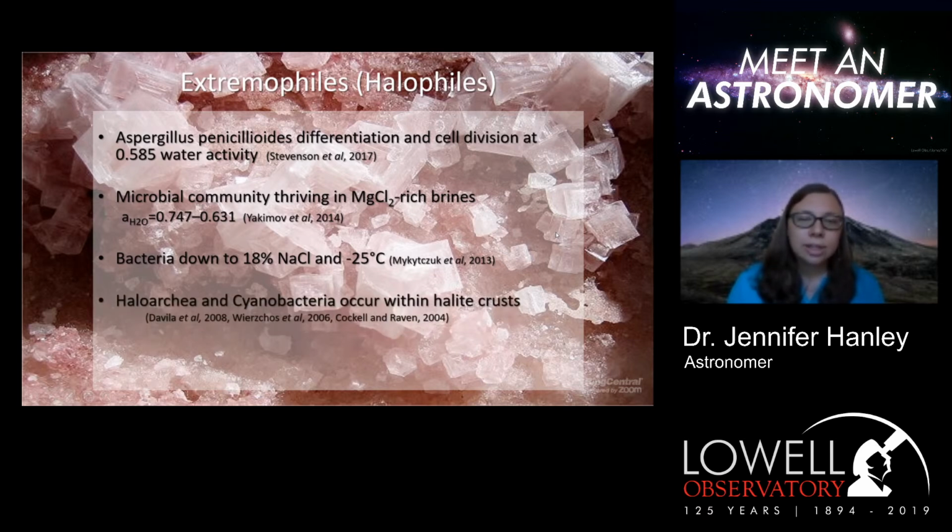And then there are organisms that can actually use the salt crust. If we look at the picture in the background here, this is a halite crust, like the pink Himalayan salt you might recognize from your kitchen. In the Atacama, there are communities that can actually survive in these halite crusts.